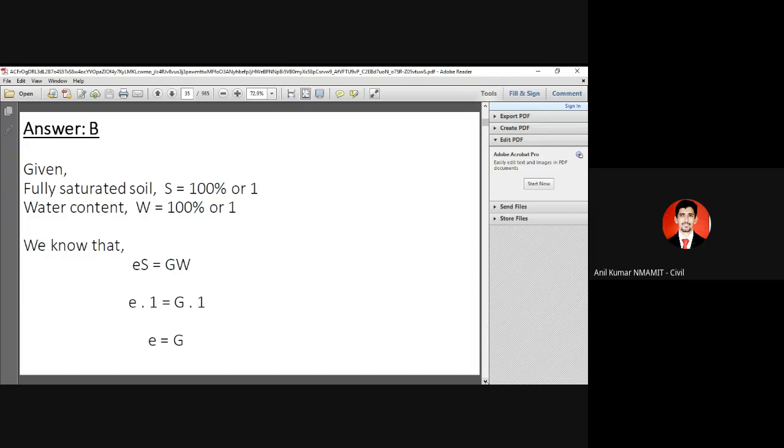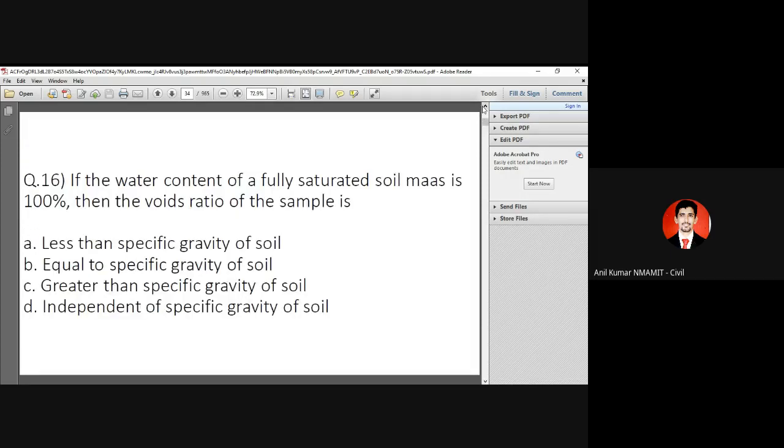So E is equal to G, the specific gravity of the soil sample. The statement says the water content of a fully saturated soil mass is 100%, S is 100%, so W is also 1. Use the equation E is equal to WG by S, and you can find that G is equal to E. That is how you are supposed to solve the problem.